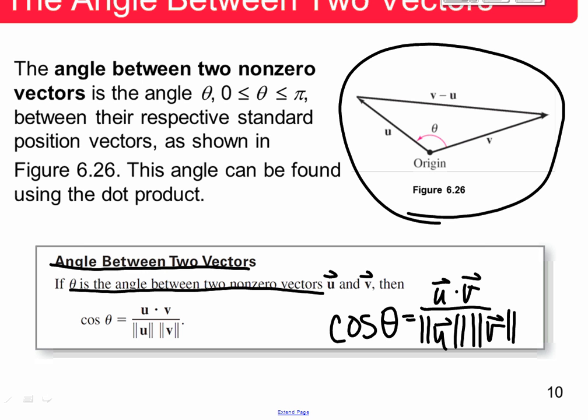And do you remember the dot product from last week? It's the product of the x's, I'll say it that way, plus the product of the y's.